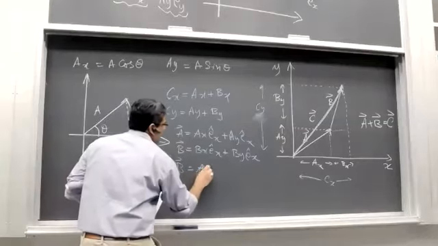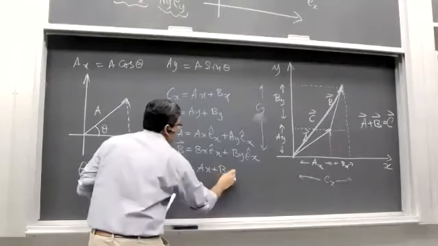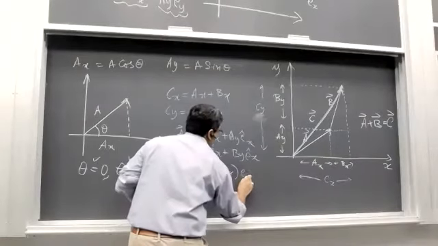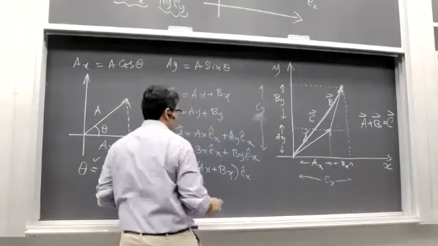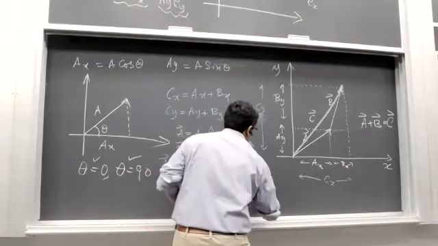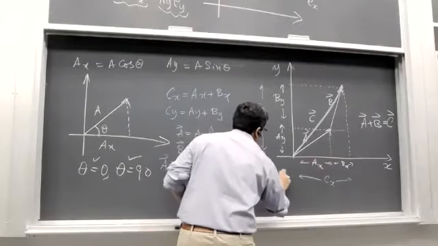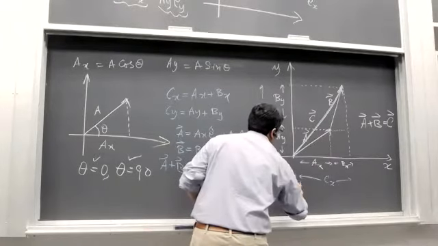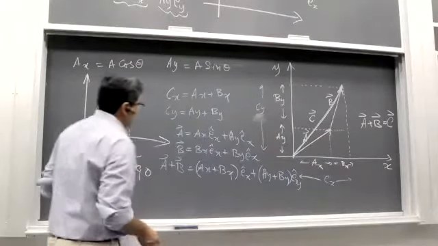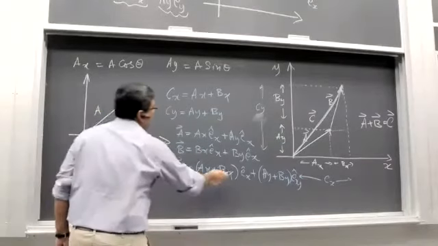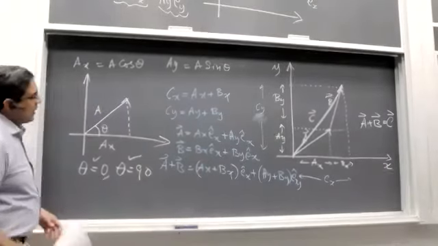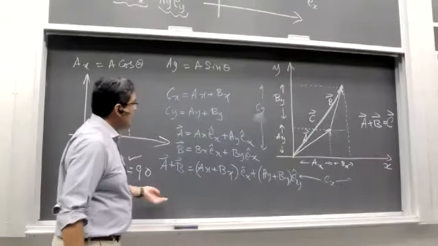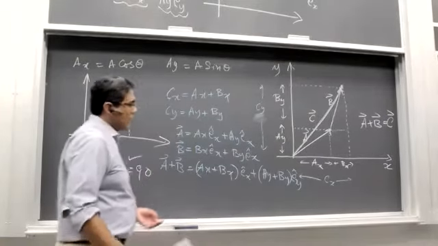So it becomes Ax plus Bx times Ex, and Ay plus By times Ey in the y direction. So this is when you need to add vectors. You always need a coordinate system and you need to know the components, and then you can do meaningful manipulation of the vectors.